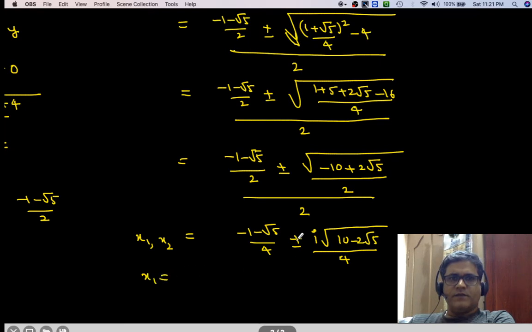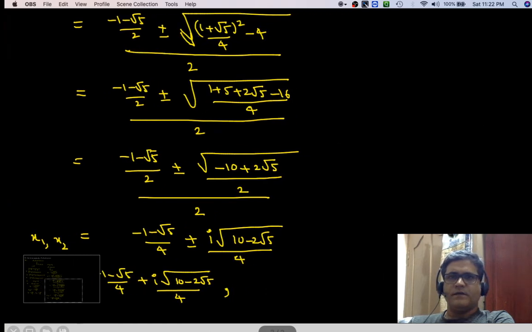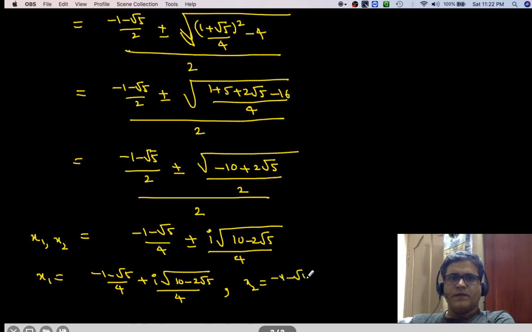Therefore x1 is equal to, with the plus sign, (-1 - √5)/4 + i × √(10 - 2√5)/4. And x2, with the minus sign, is (-1 - √5)/4 - i × √(10 - 2√5)/4.